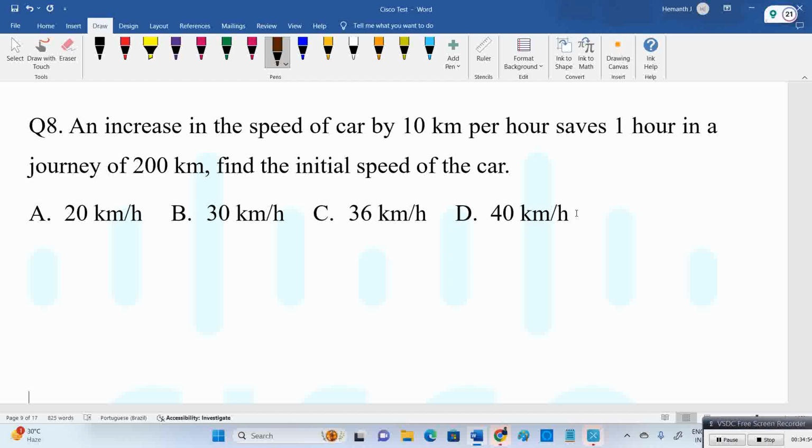Previous speed is S, speed is now S plus 10. Previous time taken is t, now time taken is t minus 1 hour. Distance is also given. You need to calculate initial speed.